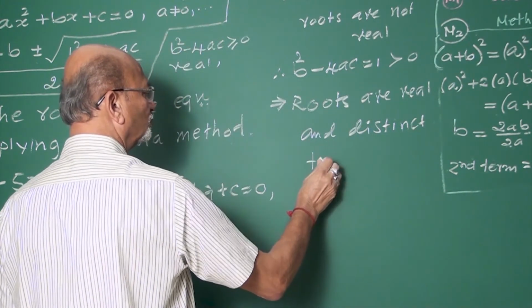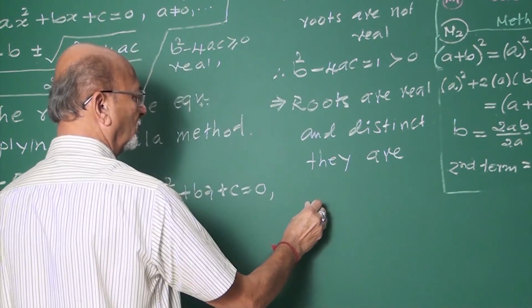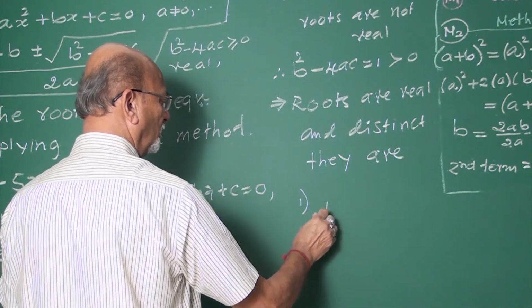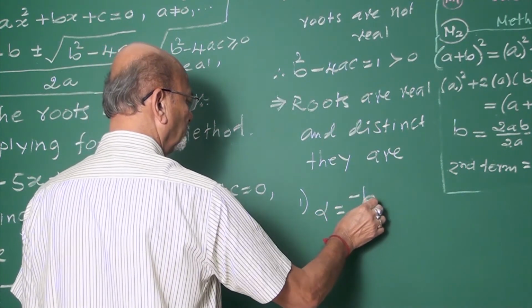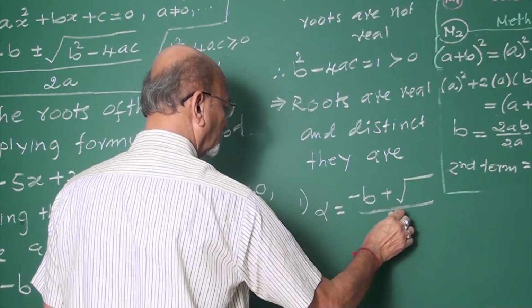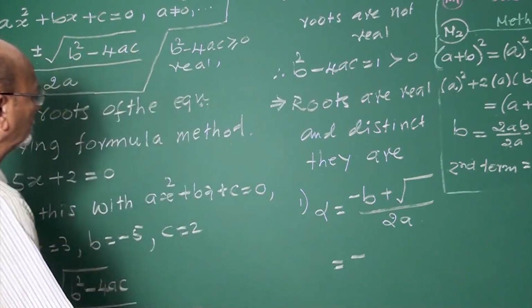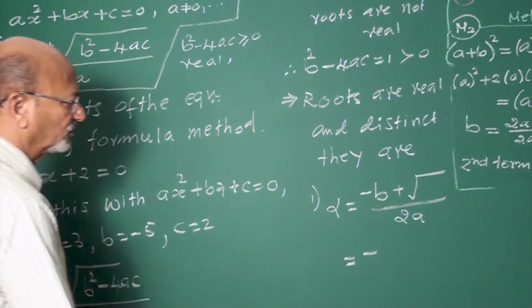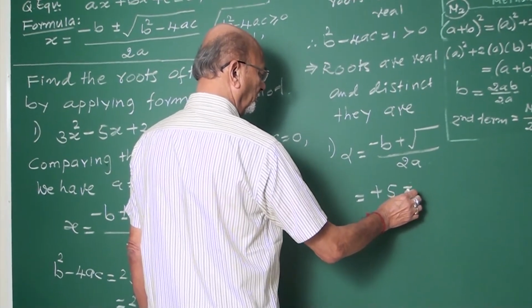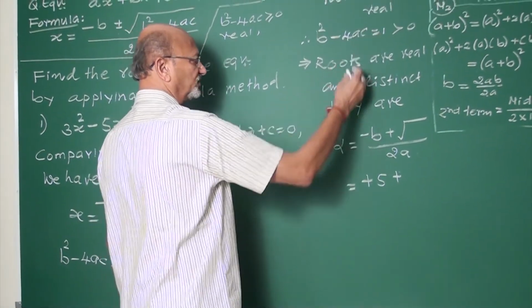The first root, alpha, equal to minus b plus square root of b square minus 4ac upon 2a.